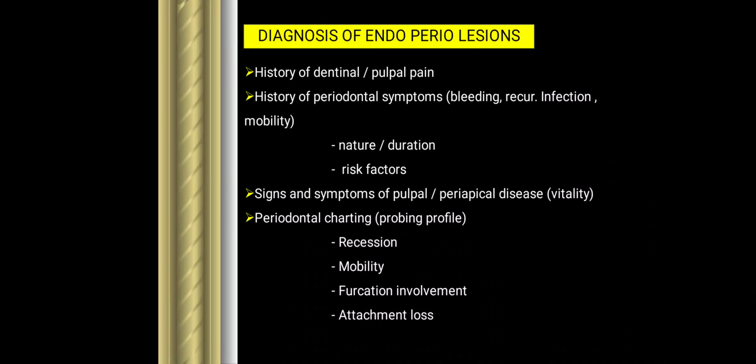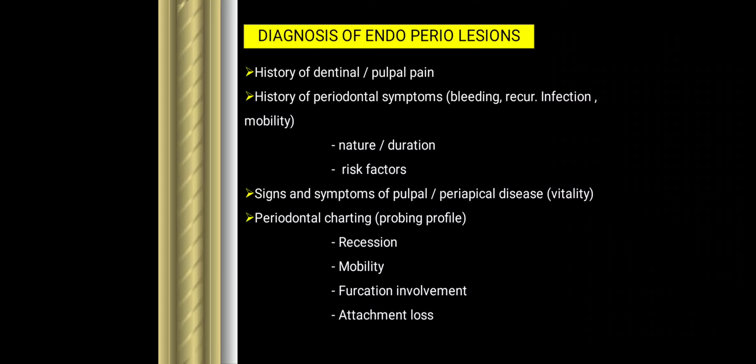How to diagnose the endo-perio lesion? So we have to take the history. We have to check the history of dental and pulpal pain. We have to take the history of periodontal symptoms like bleeding, recurrence of infection, and mobility of the tooth. Then we have to check the nature and duration of the infection and the related risk factors.